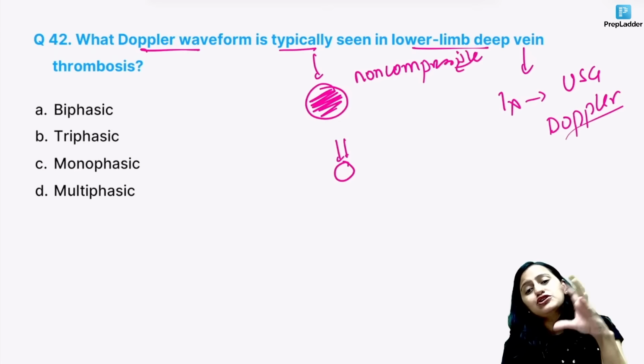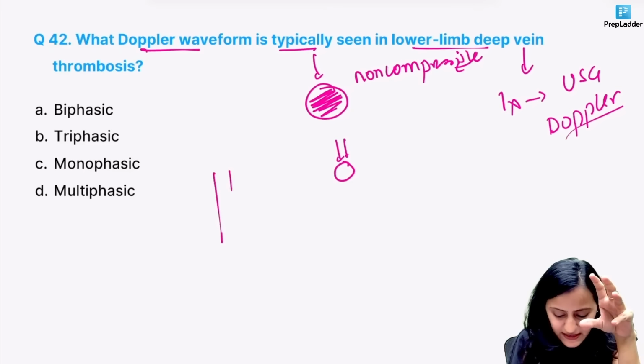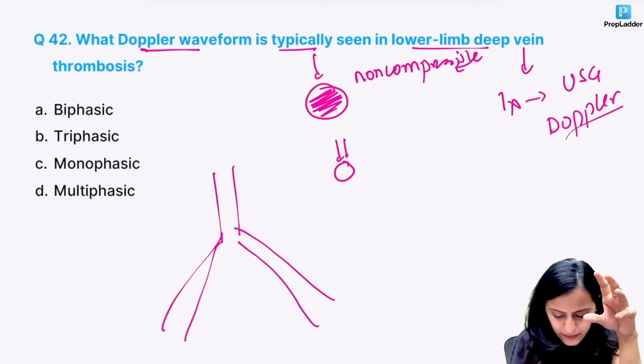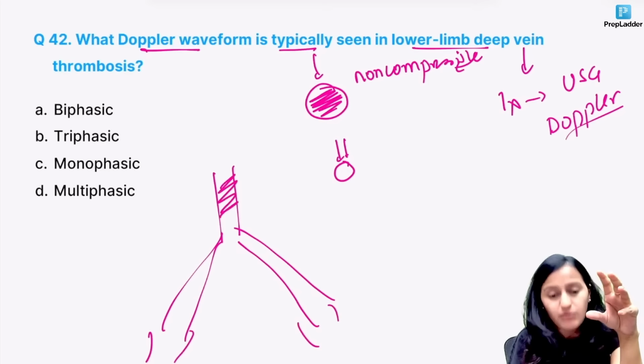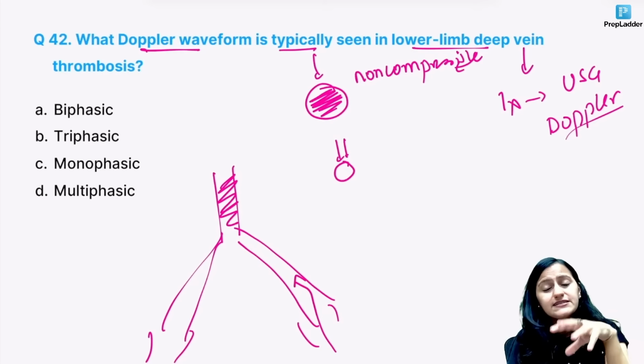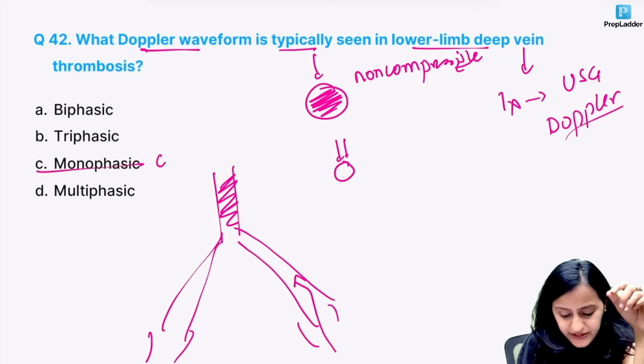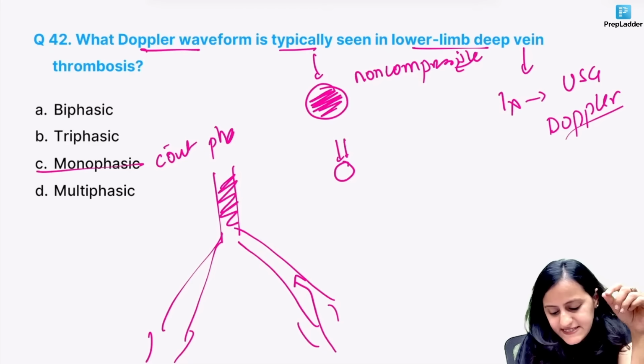And if you look at the waveform, not in the thrombosed vein, right? Imagine that the IVC is thrombosed and you are looking at the iliac veins, the lower limb veins, and this is thrombosed. So what kind of waveform will you get in the veins here is the monophasic waveform, which is without any phasicity, right?